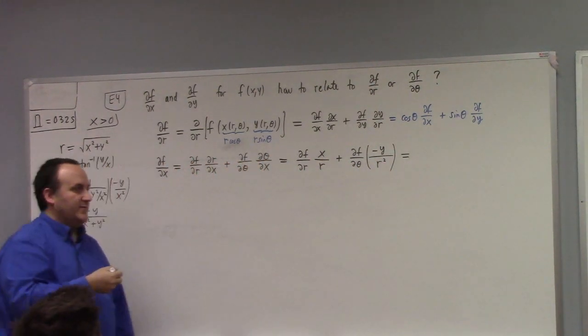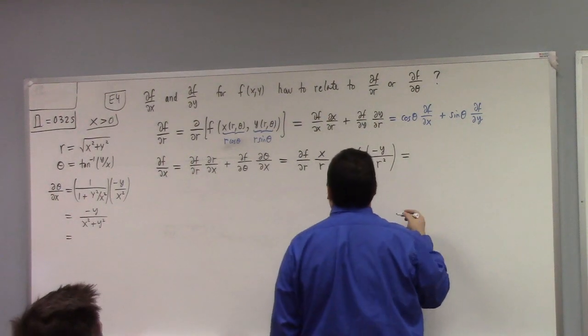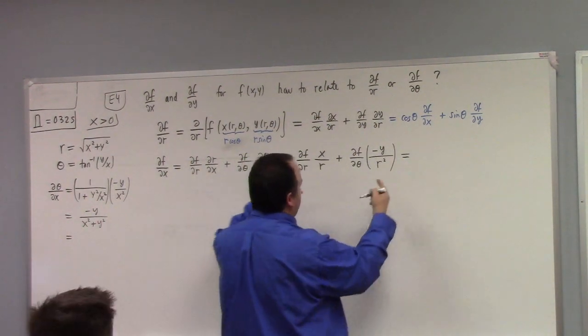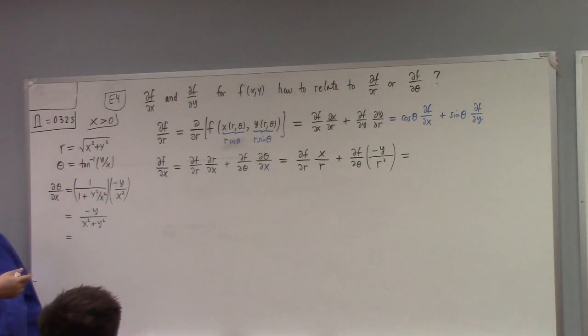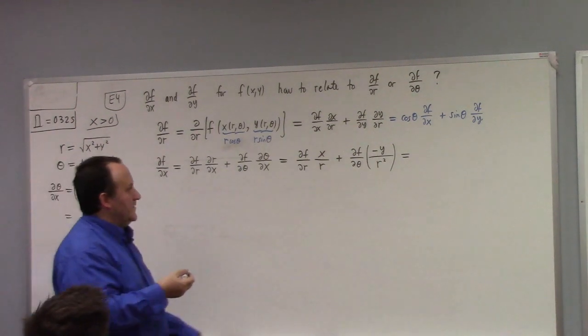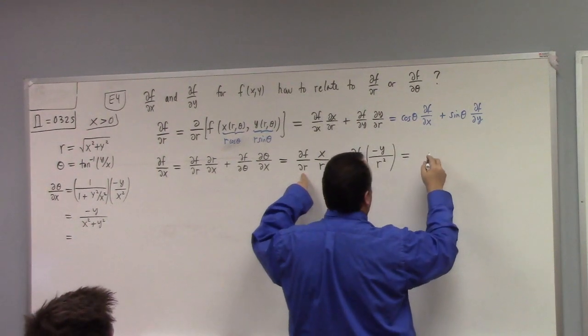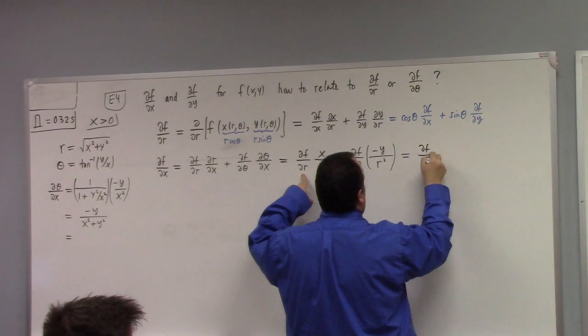If you want to write that in terms of polar coordinates, the question is, what kind of formula do you want here? We could either express it in terms of Cartesian variables, or we could express it in terms of polar variables. I'm going to go the polar route just to do something here. So what do we got there? Partial f partial r.